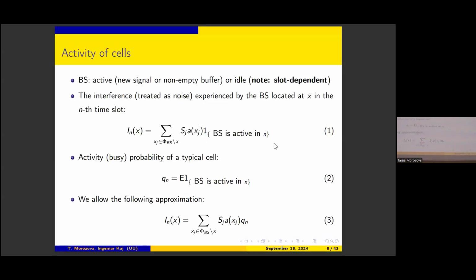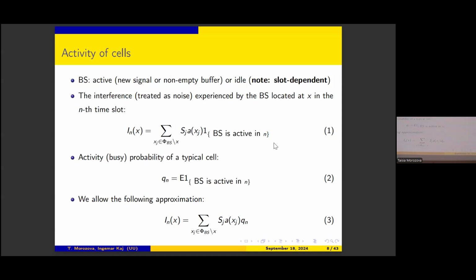Yes, so now I would like to highlight a feature of the network which is really important and which makes the whole analysis really complicated: the activity of cells. In our model, the base stations can be in either of two states. They can be active, for example, if they have a new signal, which happens with probability p, as I mentioned, or if they have a non-empty buffer. Then they are considered active.